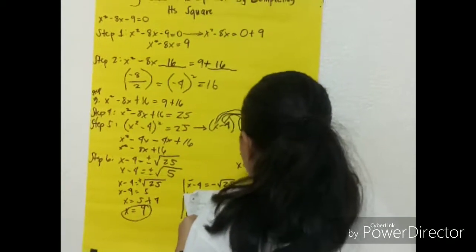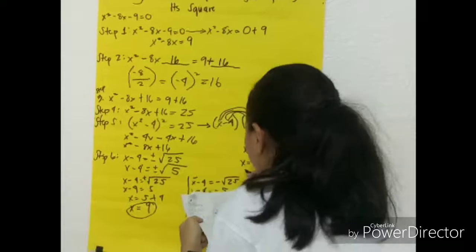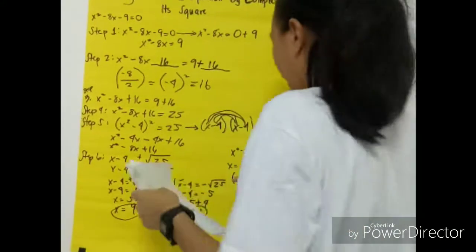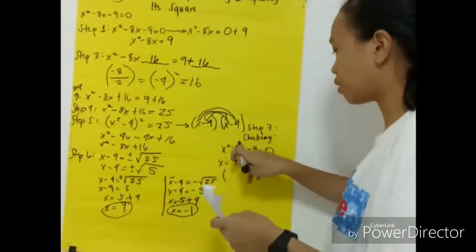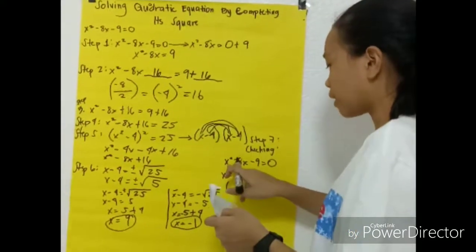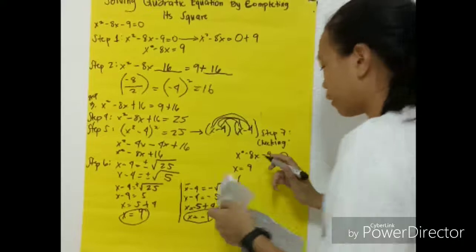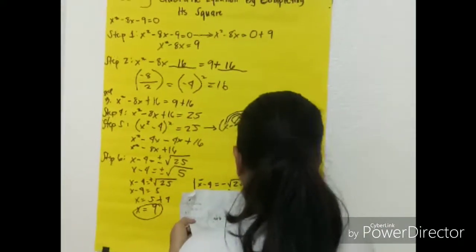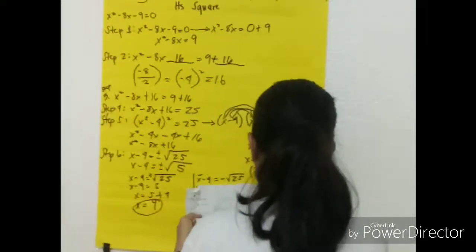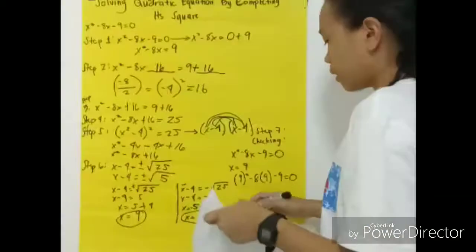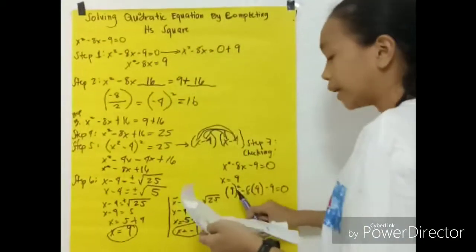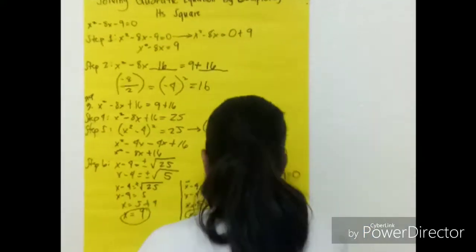So, x, positive 9. Si x, dito, di ba? X squared minus 8x minus 9. Si x dito, magiging 9. May ganyan. Tapos, 9 times 9 equals 81.